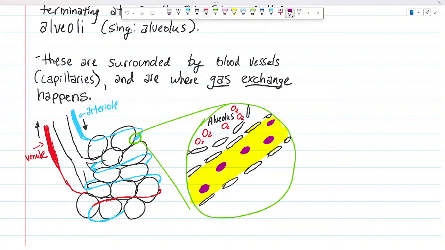So what's going to happen is the oxygen is going to move across and go into the blood. Does that make sense? And what is in the blood that can leave? CO2. And the CO2 is going to make its way into the lungs. That's how gas exchange works.